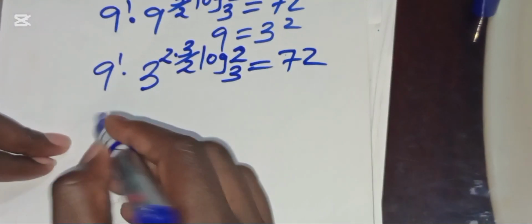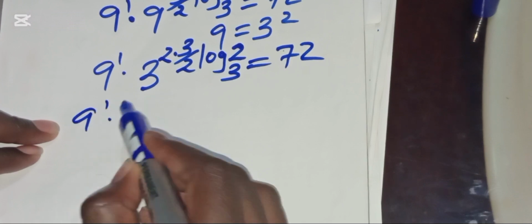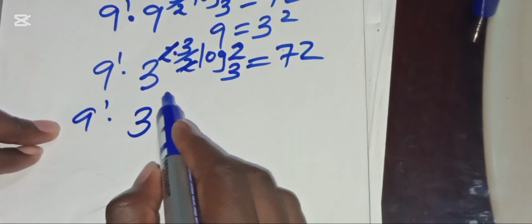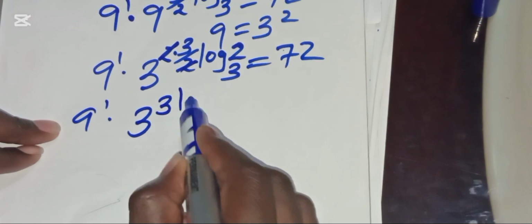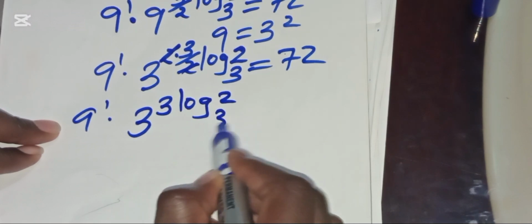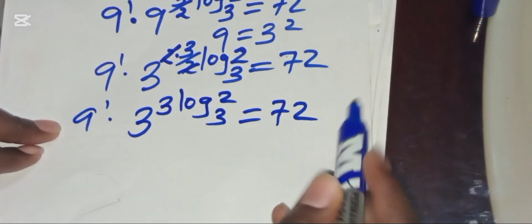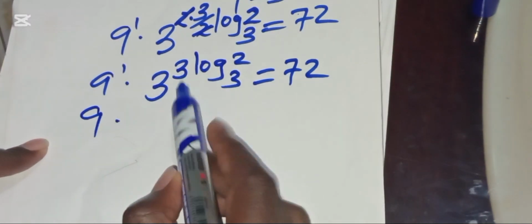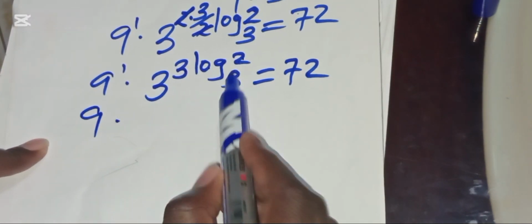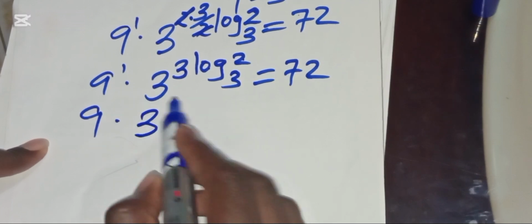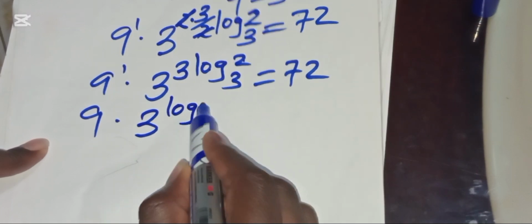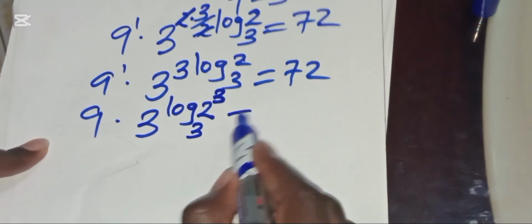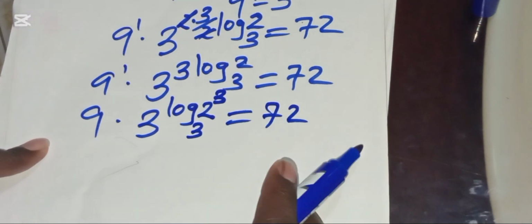Now the 2 and 2 simplify, and we'll have 9 multiplied by 3 raised to the power 3 log 2 to base 3. This is the same thing as 9 multiplied by 3 raised to the power log 2 to the power 3 to base 3, which should give us a value of 72.